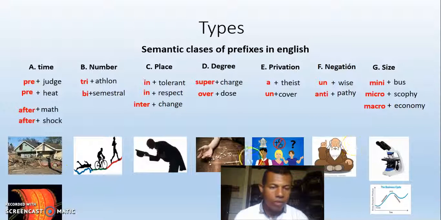The pictures try to give you an idea of what the process is. Some of them work by opposition. In this case, this sir is a wise person, and unwise connotes someone who lacks wisdom, and the same occurs with the other ones.